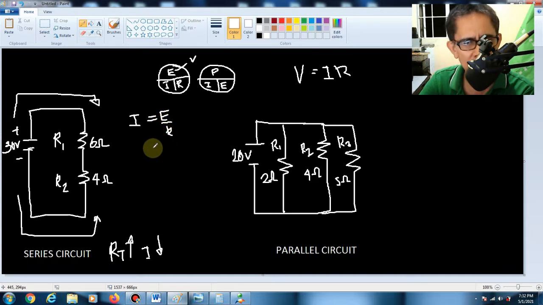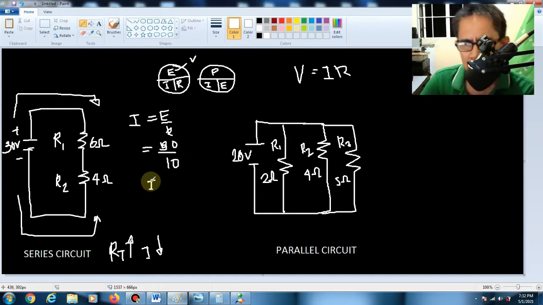Okay? So transform natin. Yung voltage is equals to 30. Ang gagawin muna natin para makuha natin yung total resistance: R1 plus R2 equals 10 ohms. So, yung current natin is 30 divided by 10, equals 3 amperes.